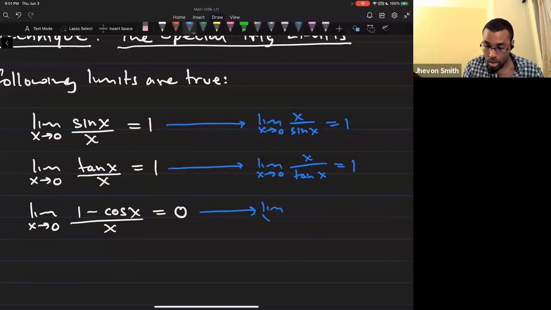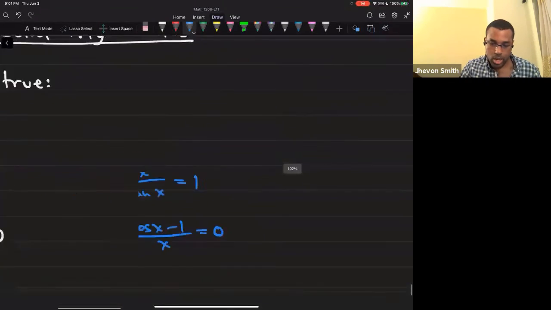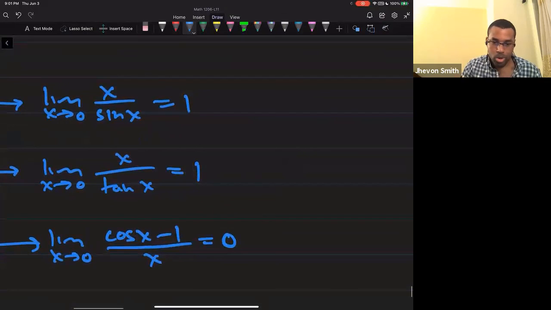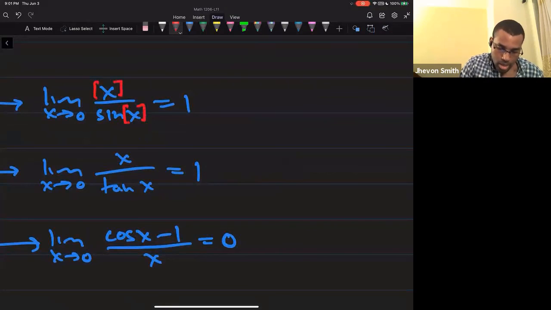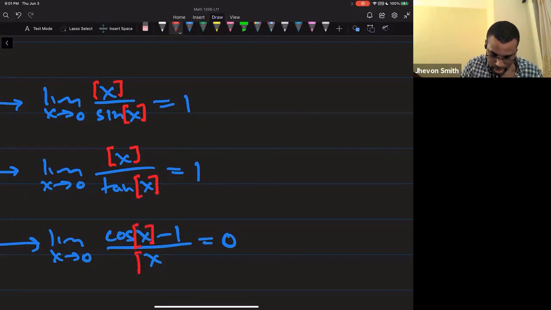So it's also true that if I had the cosine of x minus 1 over x, that would also be 0. One other thing to note is that it's important that the angle is the same as the one on the top. That's not a coincidence. It can actually matter if these two are not the same.